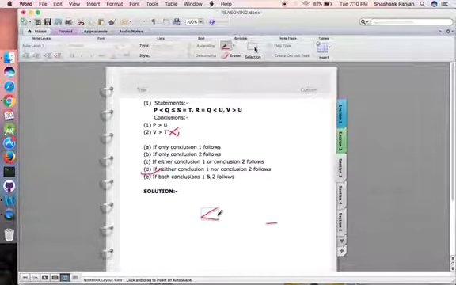A person always moves from the entry point to the exit point. We can only move from entry point to exit point, we cannot move from exit point to entry point.